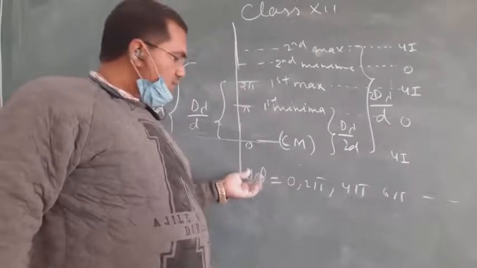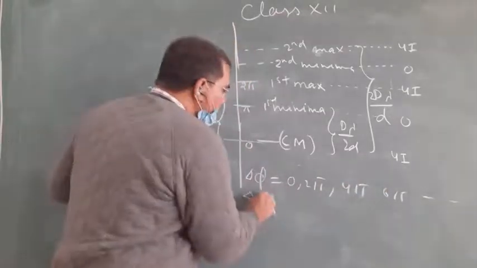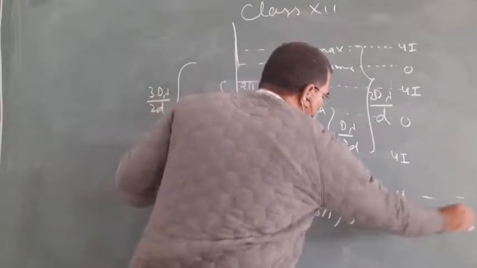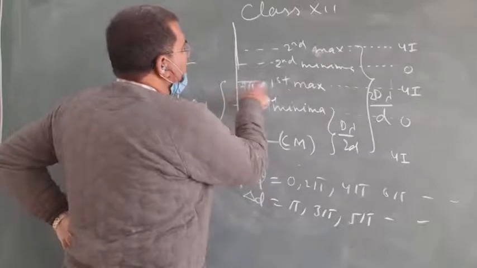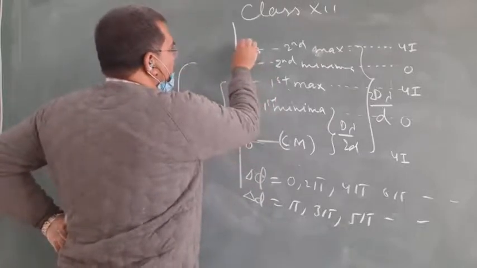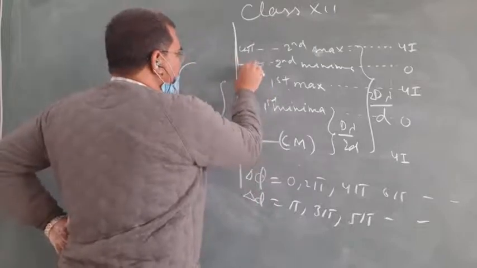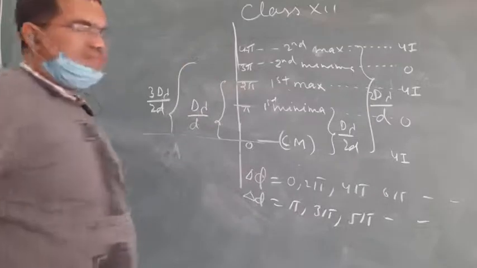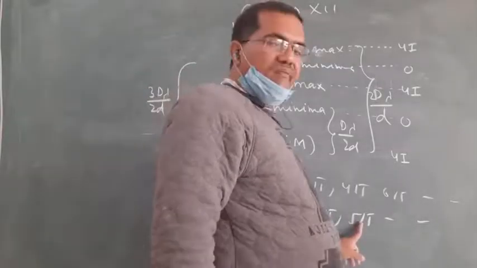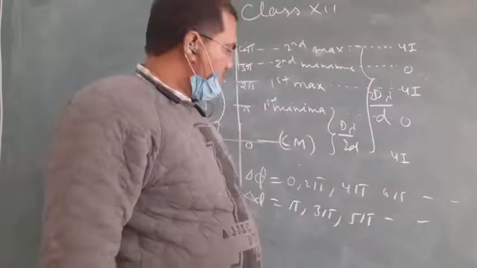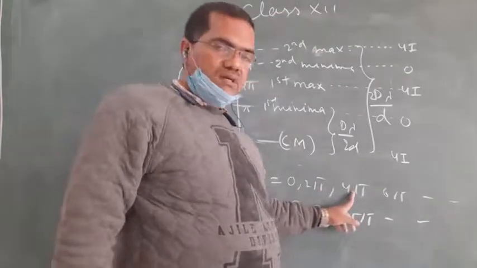This is the condition for maxima when two waves interfere. Then the phase differences pi, 3 pi, 5 pi, and so on give minima. So central maximum 0, first secondary maxima 2 pi, second secondary maxima 4 pi.